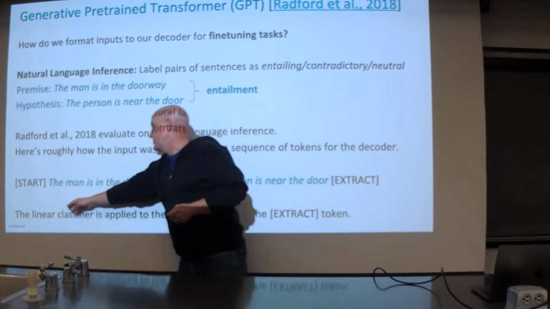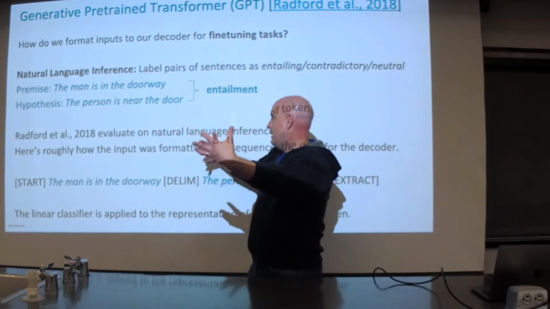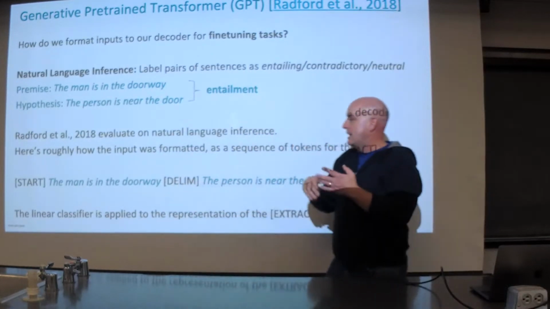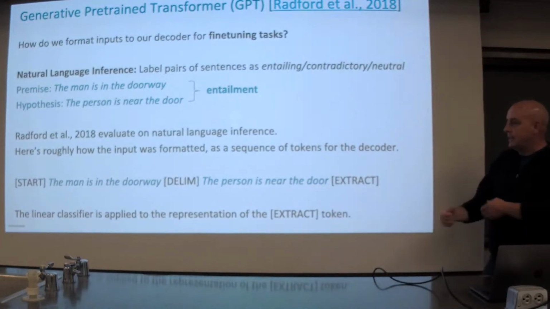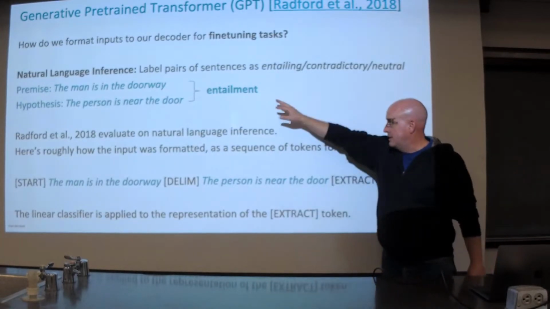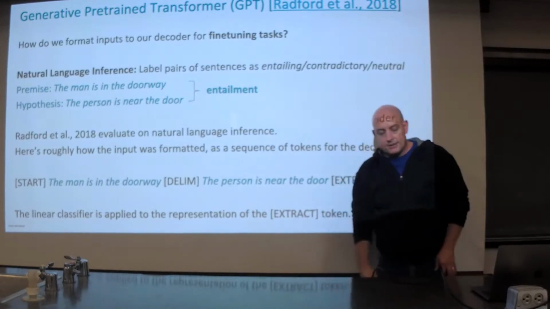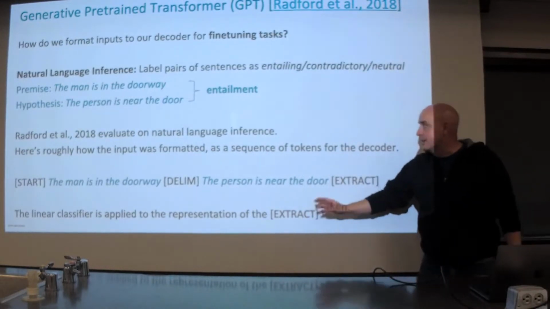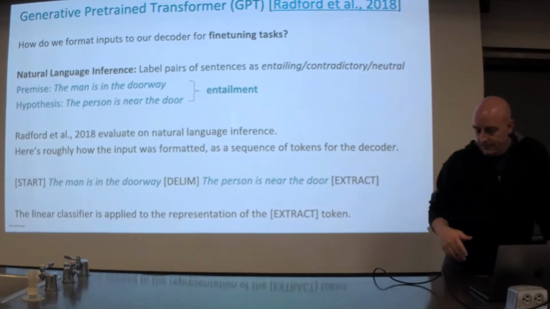You're saying, here's the start of the first part, the premise, then some sort of delimiter saying we're ending the premise and starting the hypothesis, and then that we're ending the hypothesis, and now we need to do this classification task from the fact that we see this extract token here. So when this token appears, that's when we do the classification task.